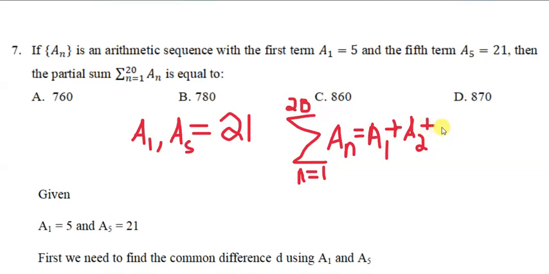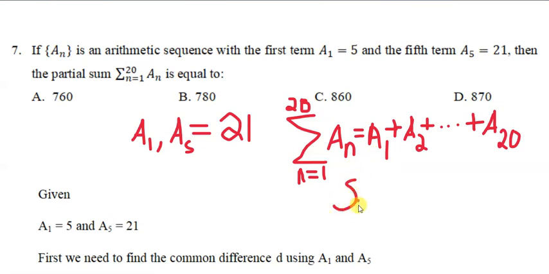But no need to write, make 3 dots and then plus the final one, when our n is 20, then we have a20 here. This partial sum is an arithmetic sum.